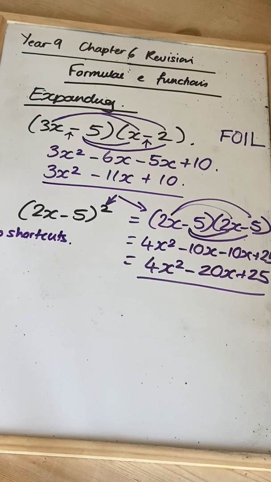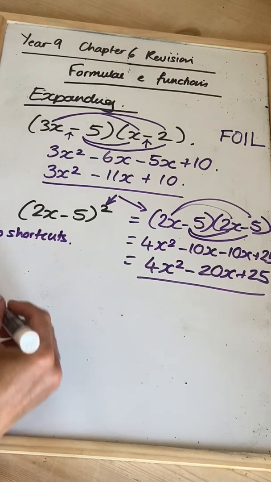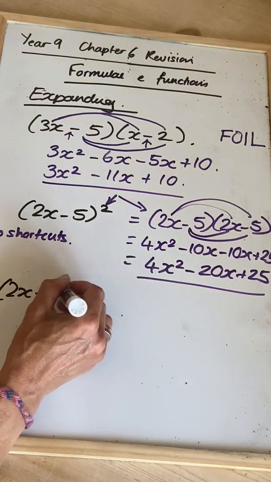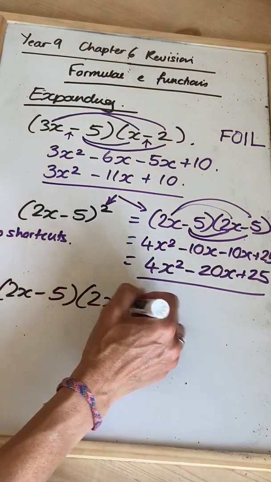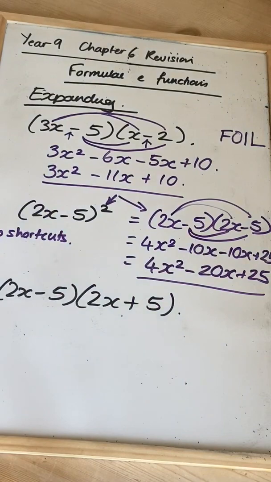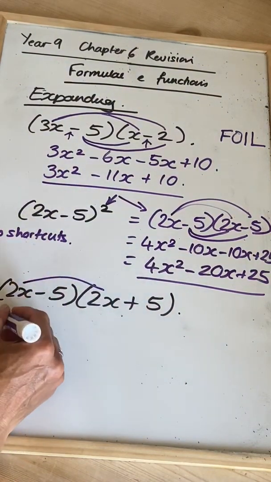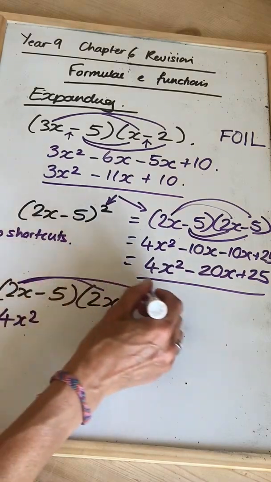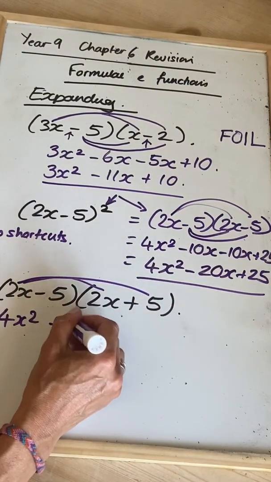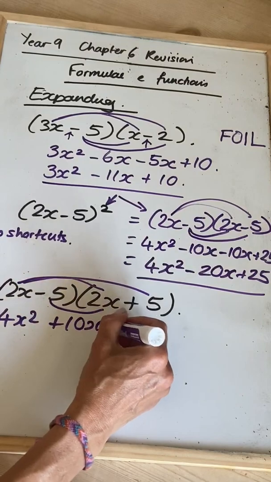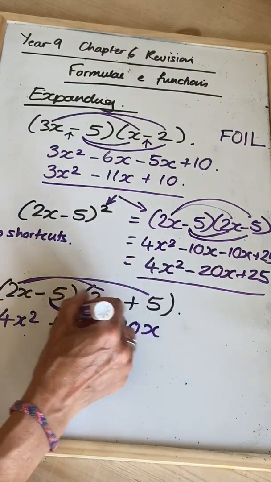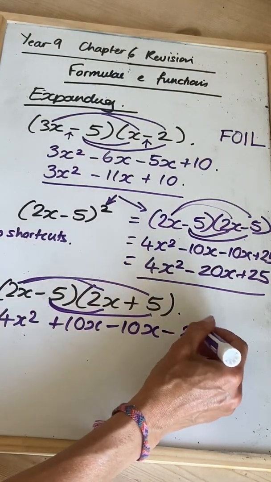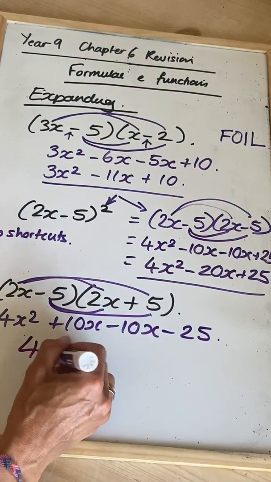Okay, and then finally, special one here: I'm going to do 2x minus 5 times 2x plus 5. I'm going to apply the same process. So first, 4x squared, outsides plus 10x, insides minus 10x, lasts minus 25. Here I've got 4x squared.